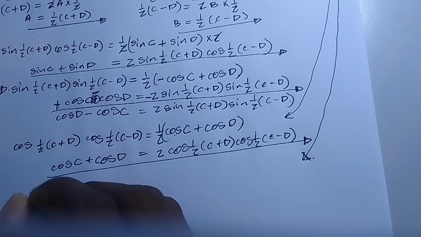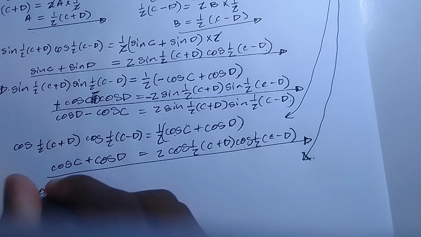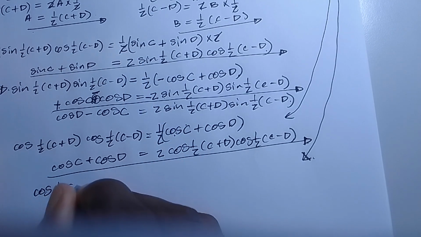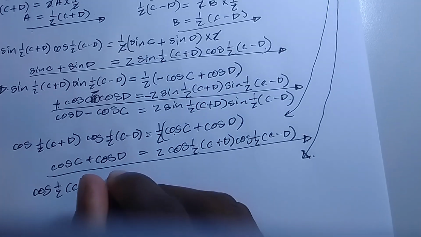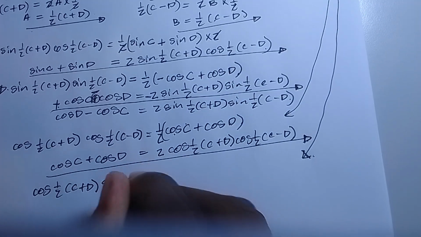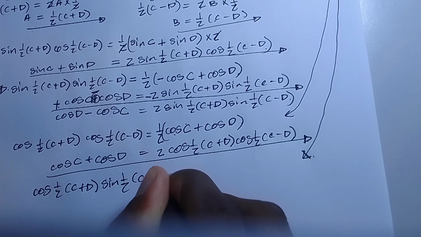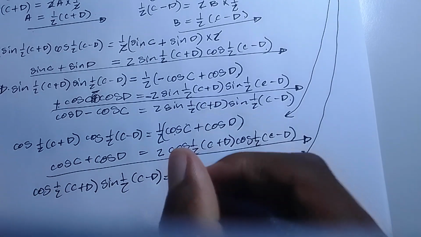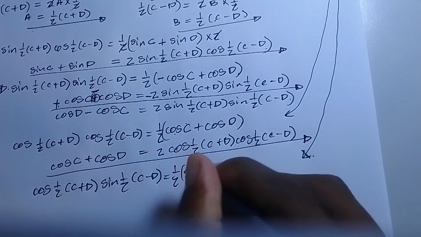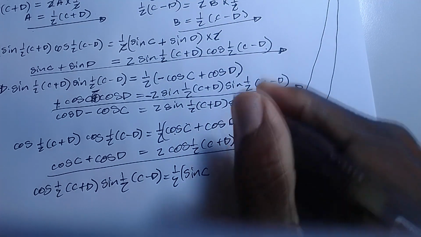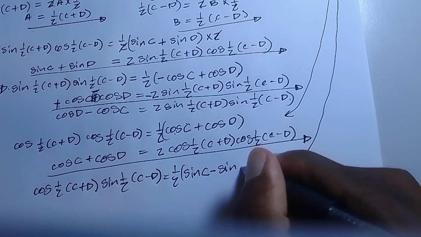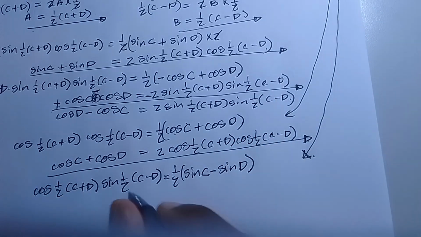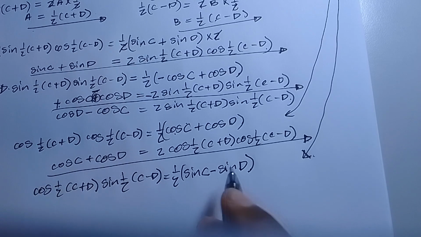And then we have cos A is half C plus D. Then we have sine B is half C minus D. This should be equal to half sine A plus B is C minus sine A minus B is D. Then we multiply both sides by 2.